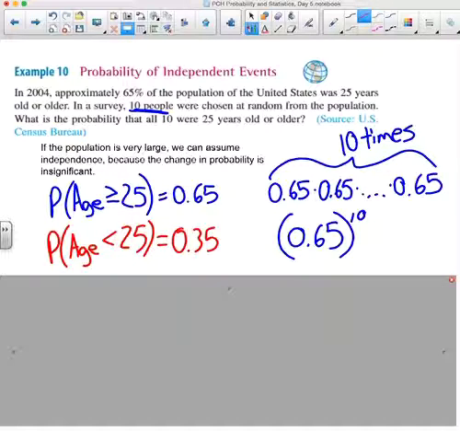The problem, or the challenge I should say, comes when we try to do kind of a combination of them. For example, what's the probability that half of the people were greater than or equal to 25 years old? All right, and what's the probability that half of them would be less than 25?